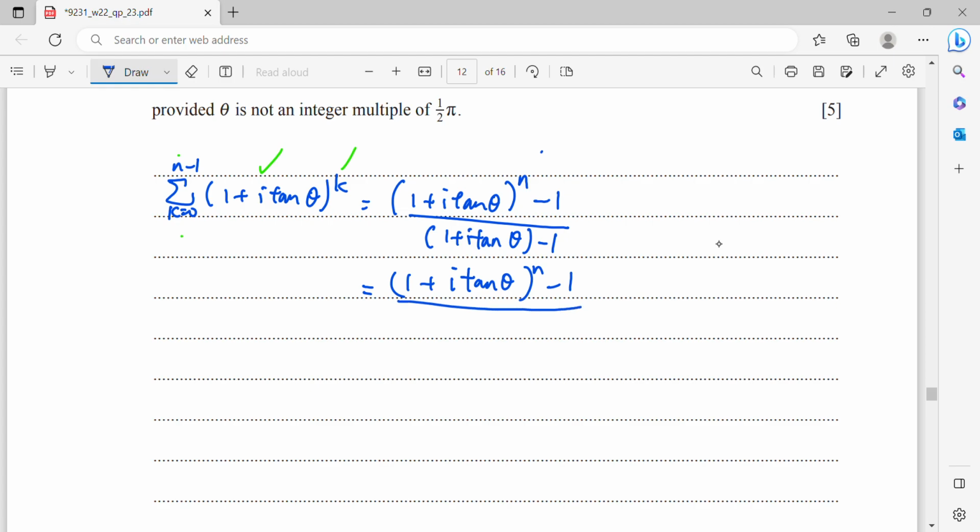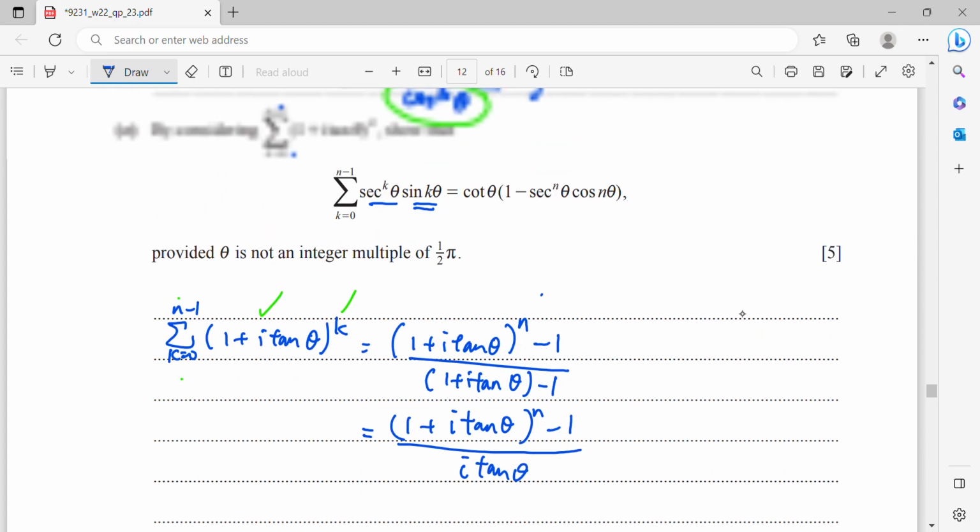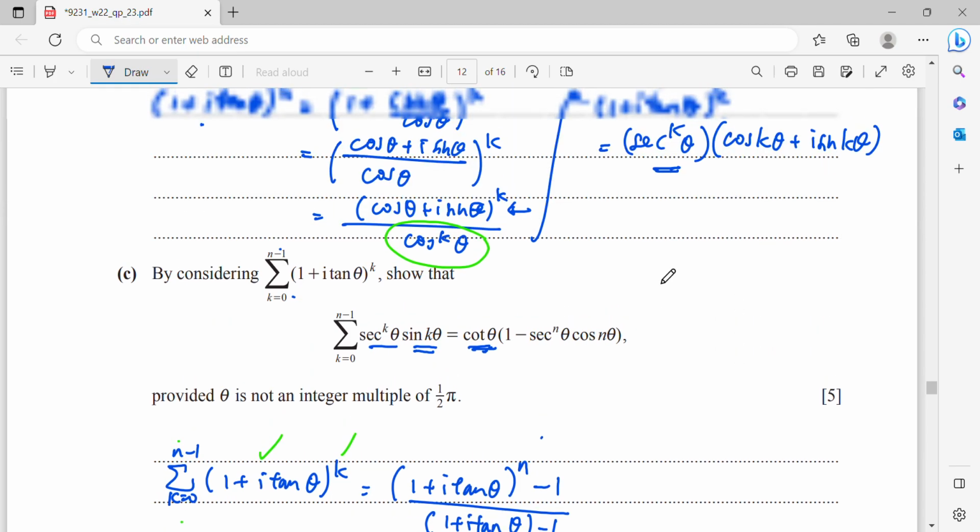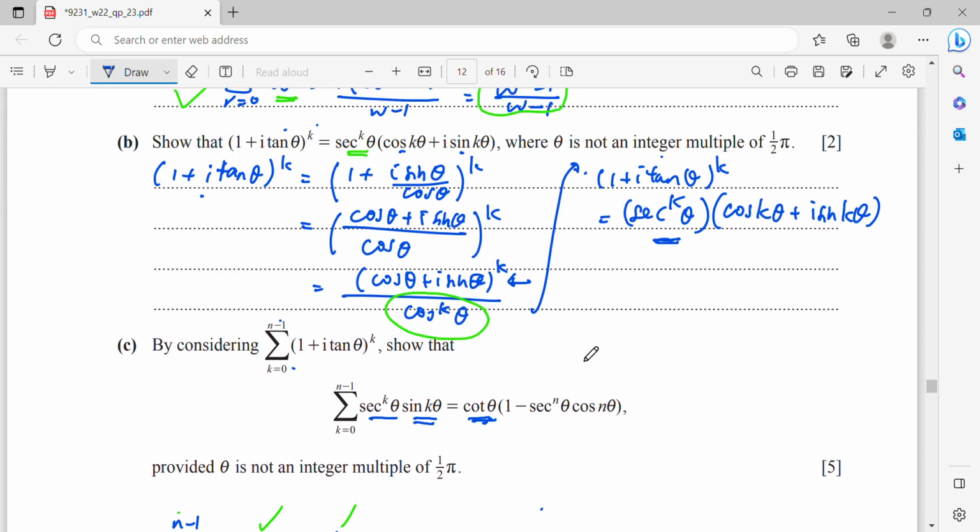So you are getting i tangent theta. So for this case, now look at the question carefully. We need to prove cotangent. Okay, so because 1 plus i tangent theta is basically secant here. So this is a secant, but you have cos and sine. So later we will consider just the imaginary part.